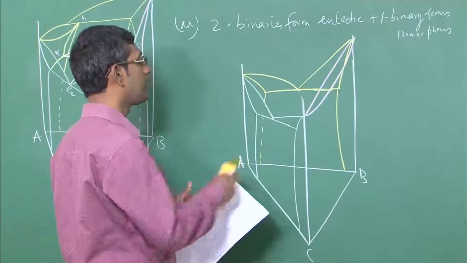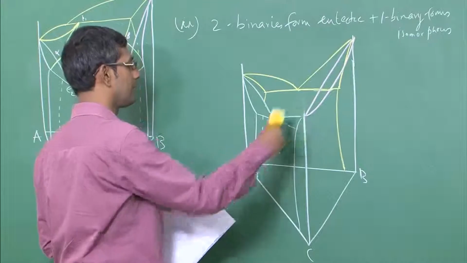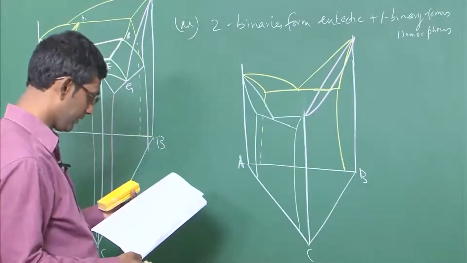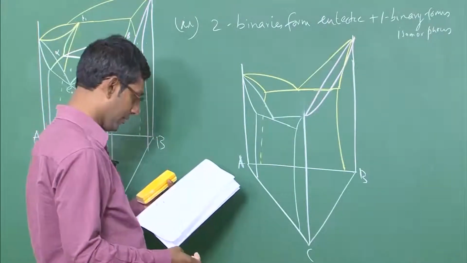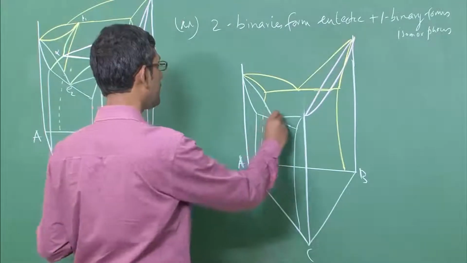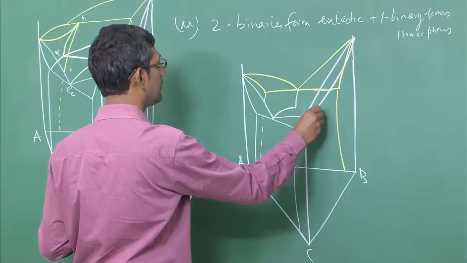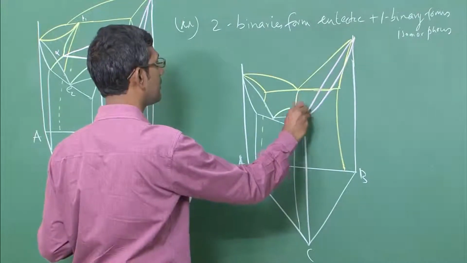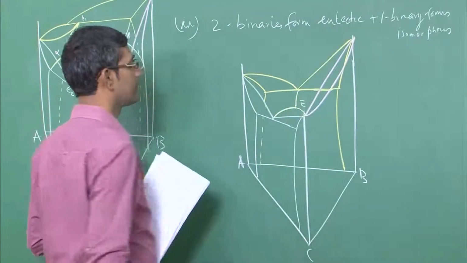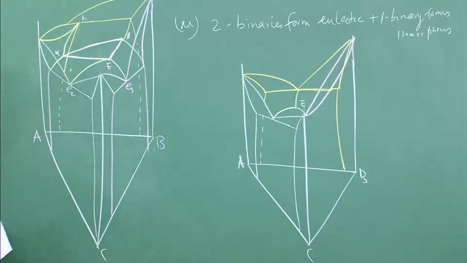This will also lead to a ternary eutectic inside it. It is not very difficult to understand that. So, you can actually connect these two eutectics and one of these ends will lead to eutectic, that is all. So, there are different variations.